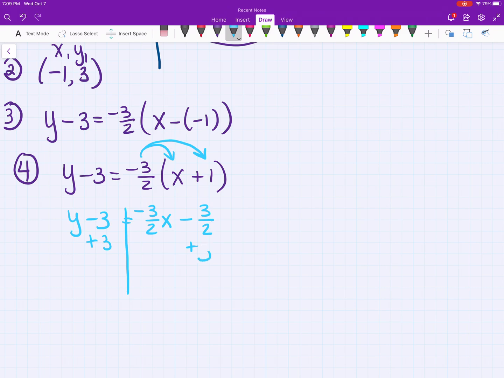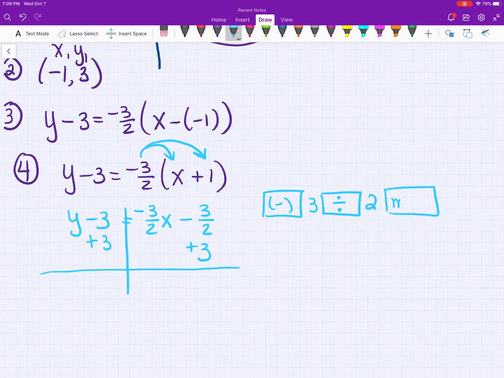Well, there's a couple ways you could do this. You could use your calculator, and you can hit -3, divide by 2, plus 3.